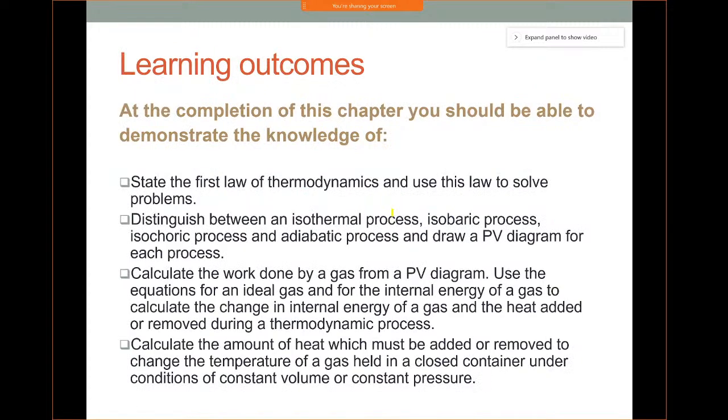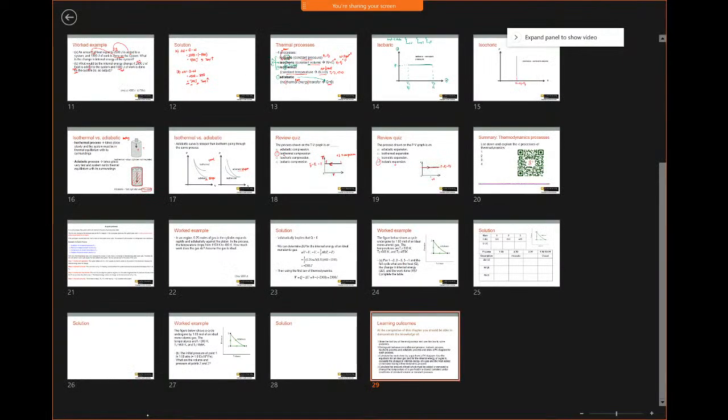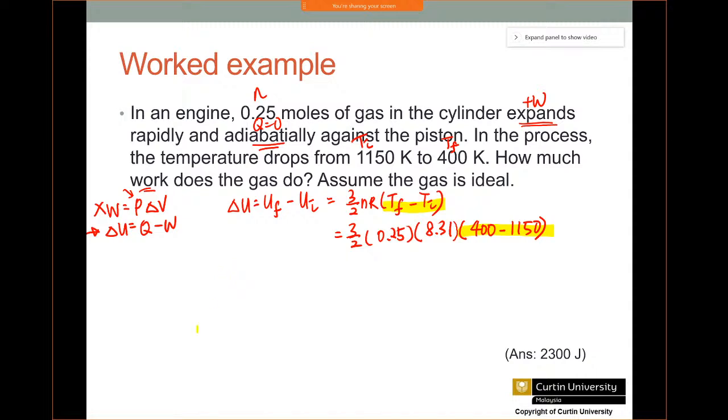So when we write down final minus initial, you just follow the sequence, right? 400 minus 1150, okay? So it will be a negative value. It's okay, because heat is lost from the system. So you get negative 2003 joule.